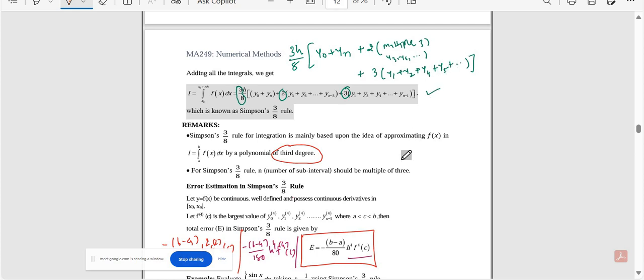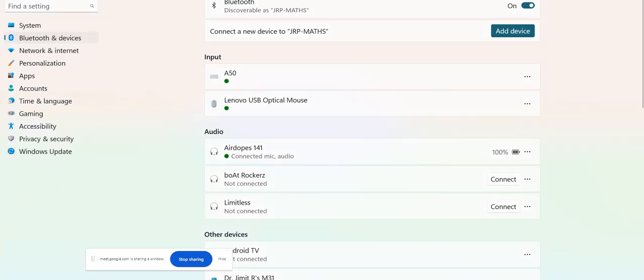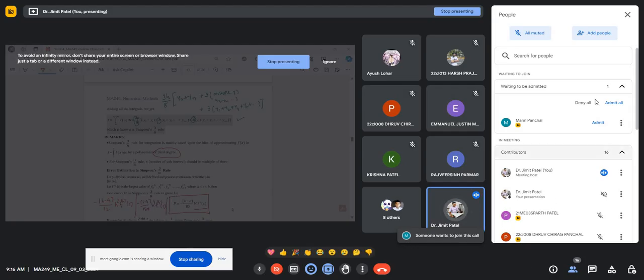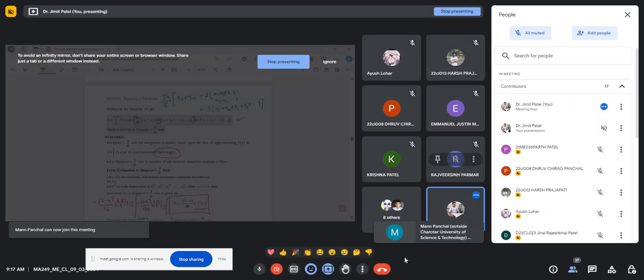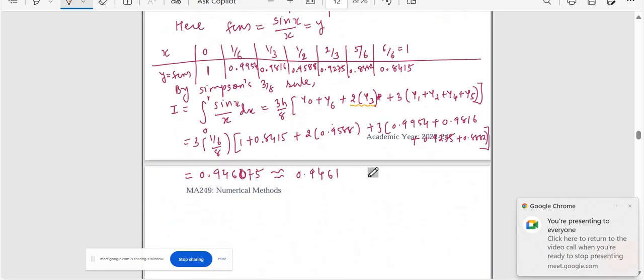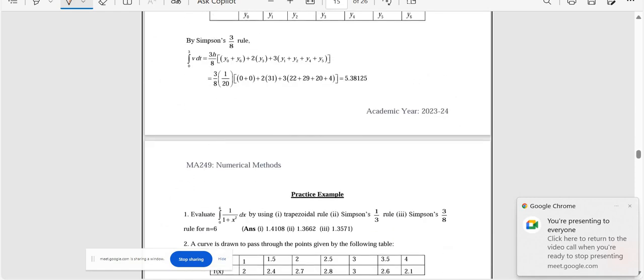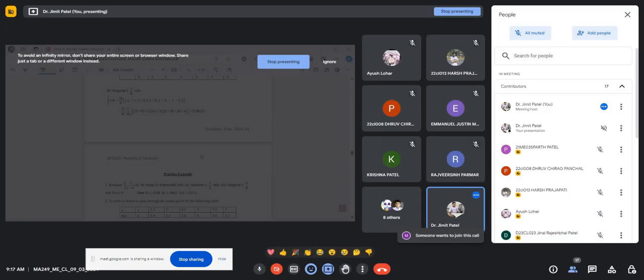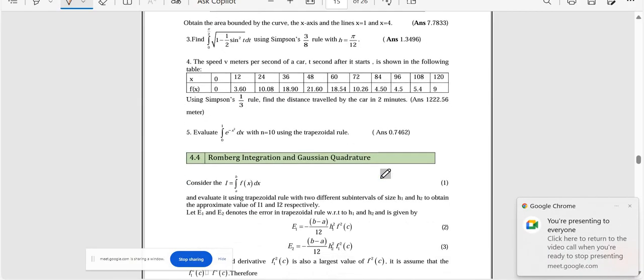So these are the formulas of the trapezoidal, Simpson 1 by 3 and Simpson 3 by 8 rules. Any doubt up to here? No, sir. Okay, so we go to our next method, Romberg integration.